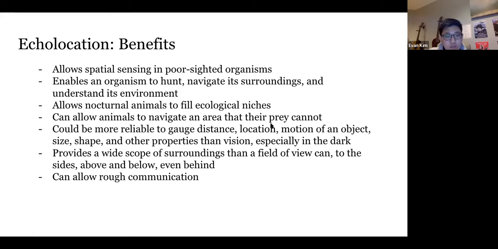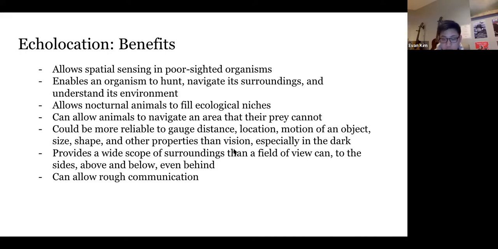Echolocation also, some recent studies say, could be more reliable to gauge distance, location, and the direction of motion of an object, size, shape, and other properties than vision, especially in the dark. So echolocation, because it's done at very high frequencies and the noises are emitted very quickly by an animal, helps an animal understand what direction their prey is moving in.